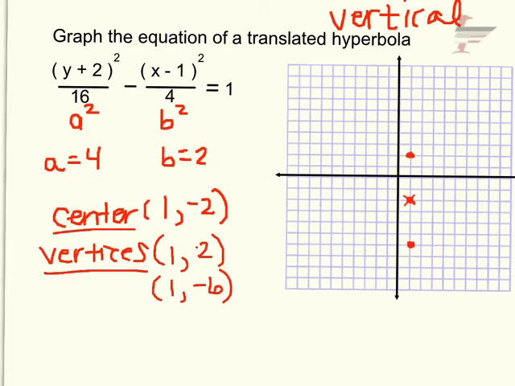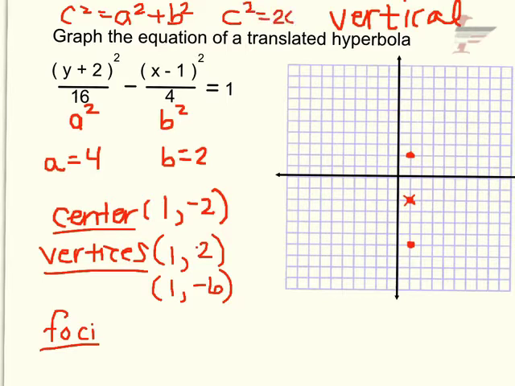Let's see, other important characteristics: foci. Even though it didn't ask you for that, I'm going to go through it anyhow. For foci, I'll use c squared equals a squared plus b squared. That math is easy: 16 plus 4 is 20, so c squared equals 20.